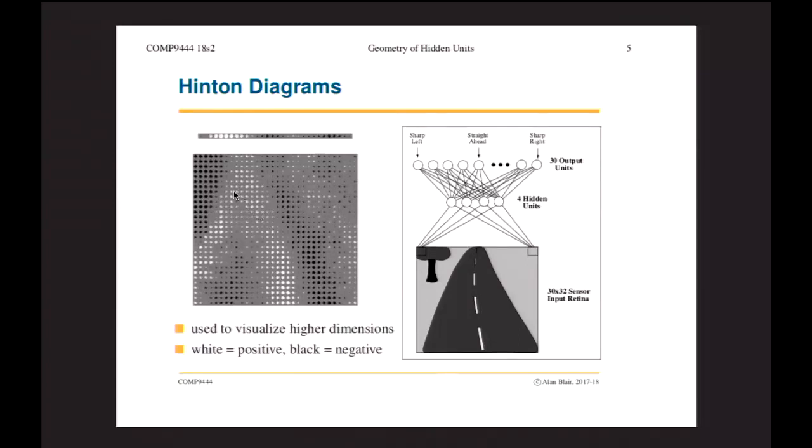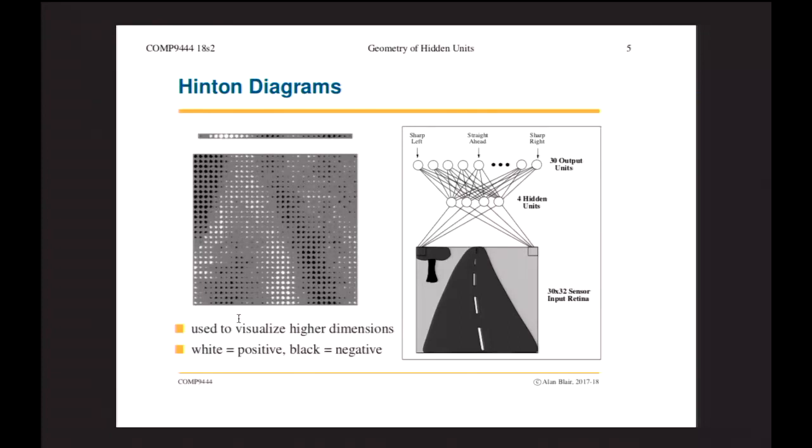So a big white dot is a very positive weight, and so on. This helps you to understand a little bit the way the network is working. But as I was saying last week, sometimes these weights do represent a very specific kind of input, but sometimes they represent a kind of superposition of inputs.